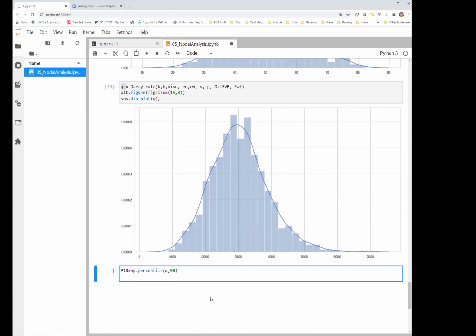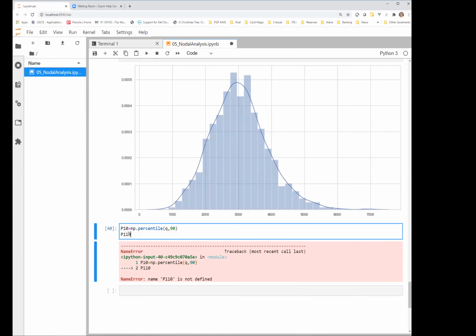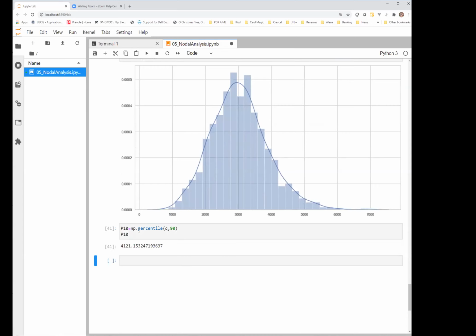So if I print P10, oops, sorry, it's not 110, it's P10. It's 4122, which is around this value right here. Makes sense. We can do the same for P90 and P50, which is right here.